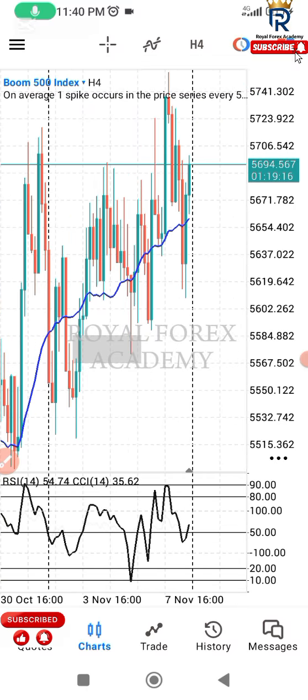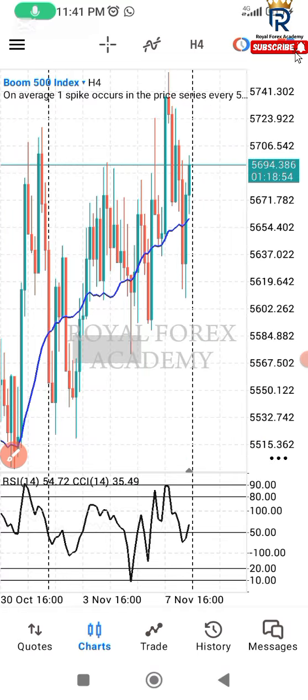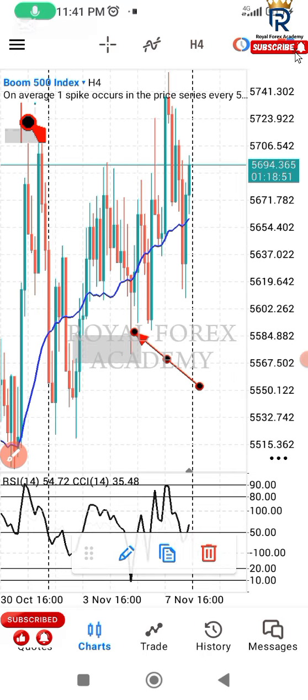So if you look at this, how do we determine the trend based on a 4 hour time frame? The process is very simple. Two ways will determine the trend. First, we want to see that price is above the moving average 20.